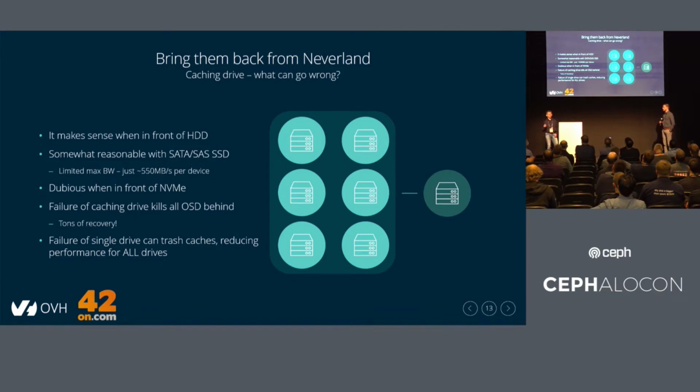So if you are putting some kind of drive in front of NVMe drives, you are risking that if that caching drive fails, you will lose all NVMes behind it. And on the other hand, if you lose an NVMe drive, the rebalancing and recovery process will cause your caching drive to get trashed and won't give any speed benefits. So in the case of NVMes, it's simply useless.